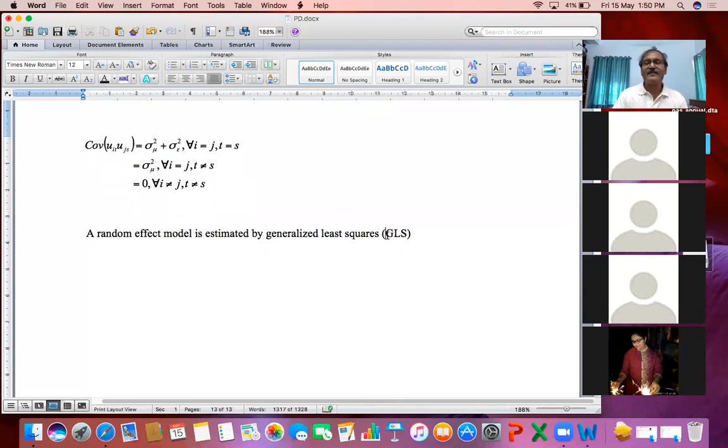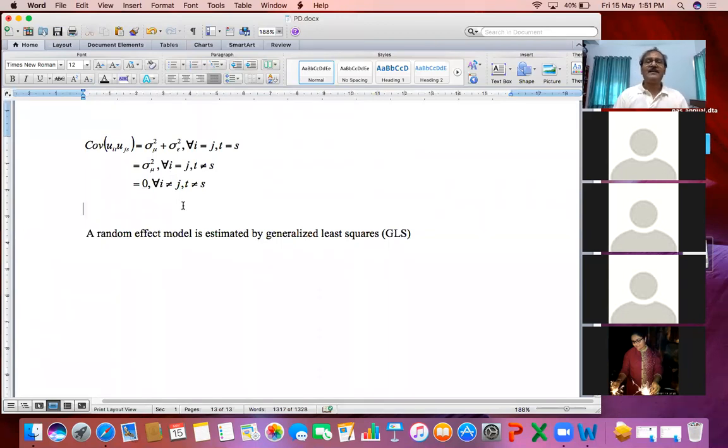Generalized least squares is nothing but the general form of the least squares method, where we manipulate the variables in a way such that the covariance component is always equal to 0. In this case, the covariance component is not always 0, and it creates a lot of problems in the OLS estimates. For that reason, our task will be to make this covariance 0.